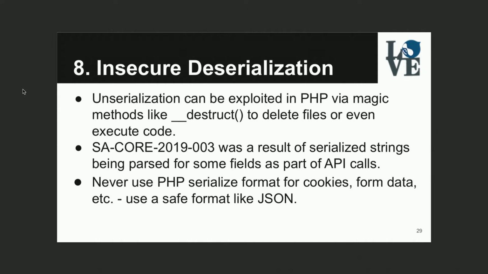In other cases, they could execute SQL or PHP through similar methods. So we just had this recently. In some of the REST API calls, it was possible to send in serialized strings for certain fields of objects, and Drupal core would parse them, calling PHP's unserialize method on them, and the attacker could have put in an object as a serialized value with a class that had this kind of vulnerable destruct method, and so Drupal would parse that and instantiate the object with the attacker's data in the constructor.